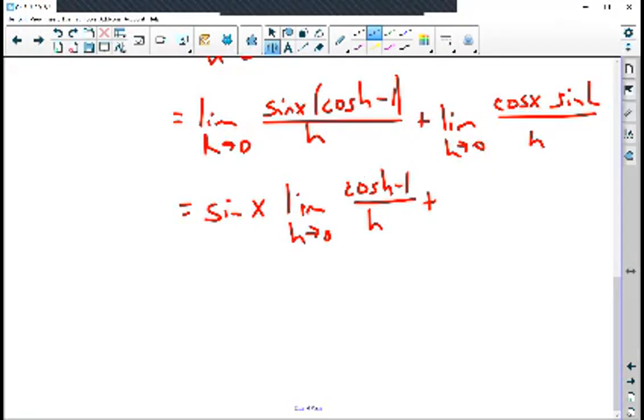And likewise, in the second fraction, the cosine x can go out front.